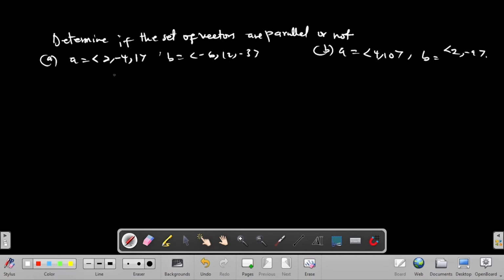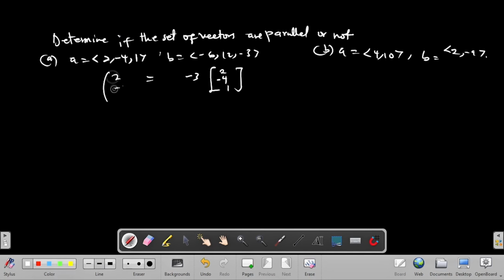Let's check. Here I have 2, negative 4, 1, and here I have negative 6, 12, and negative 3. The first appears to be in its simplest form, but in the second I can factorize negative 3 out. I'll have 2, negative 4, and 1, exactly what we have here.